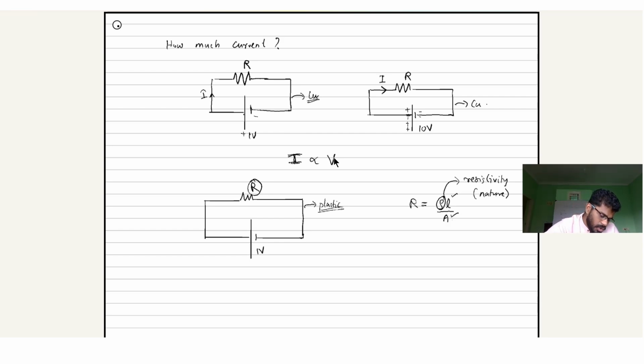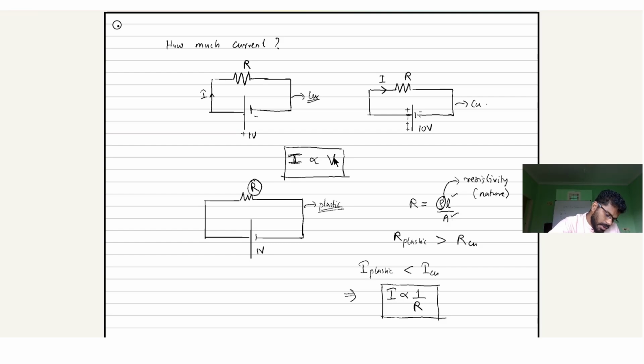So in this case, you will get less current because the resistance of plastic is more than the resistance of copper. I understood that the current in plastic is less than the current in copper. That means current is inversely proportional to the resistance of the material: I is inversely proportional to R. If I combine these two ideas, I can write Ohm's law.